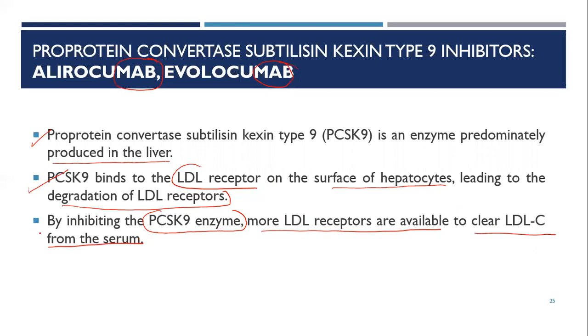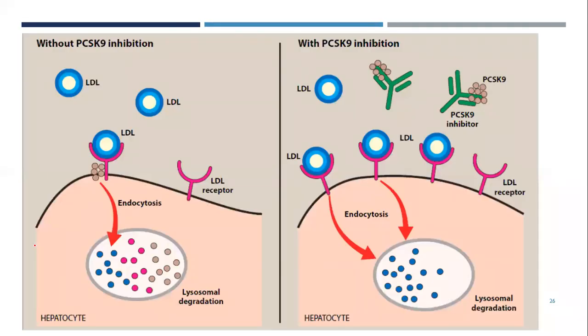PCSK9 degrades the LDL receptor, and by inhibiting this enzyme, we avoid the degradation of the LDL receptor. Thus, more receptors are available for LDL clearance. This is shown diagrammatically. PCSK9 binds to the LDL receptor, and it causes endocytosis of the LDL receptor, causing its lysosomal degradation.